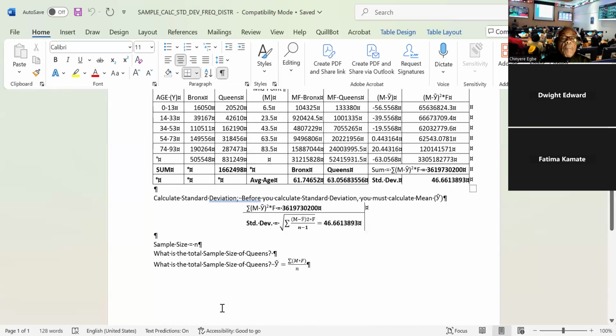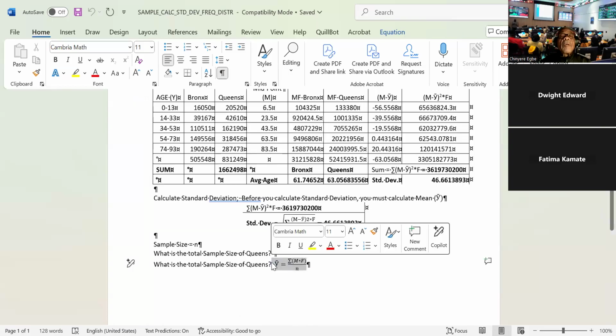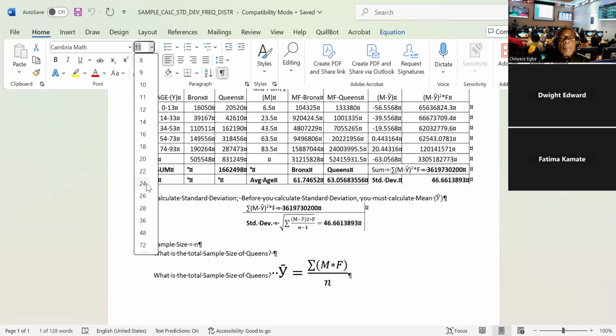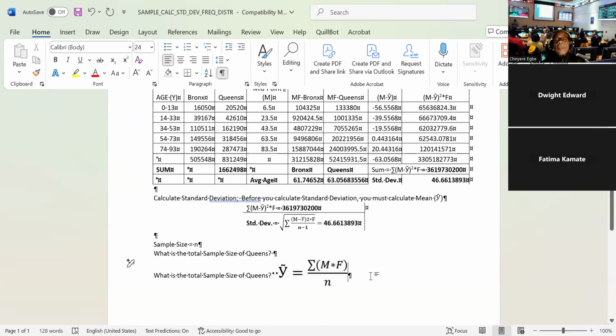The average in statistical analysis, we use bar Y. So bar Y is the sum of each midpoint value times the frequency of that value, which is 16,050 here.